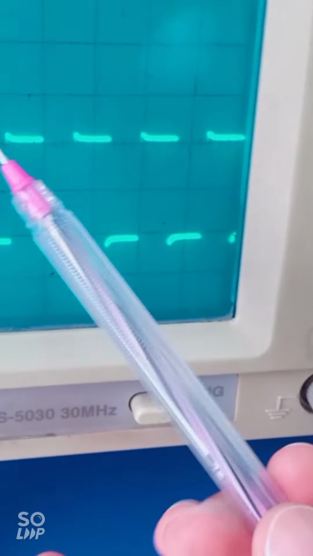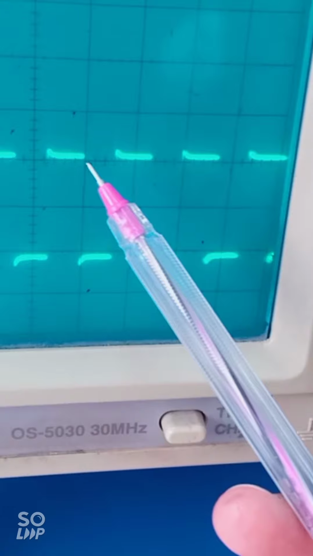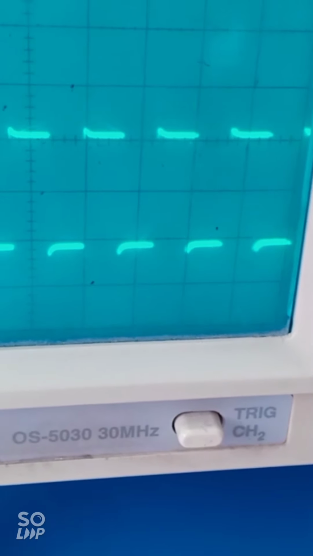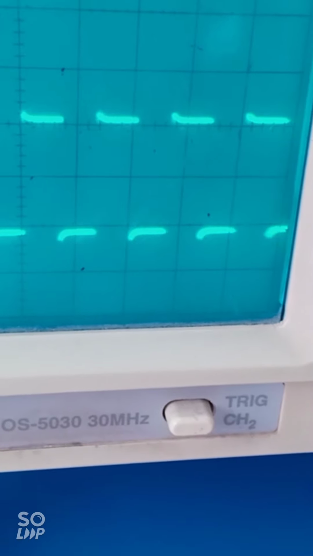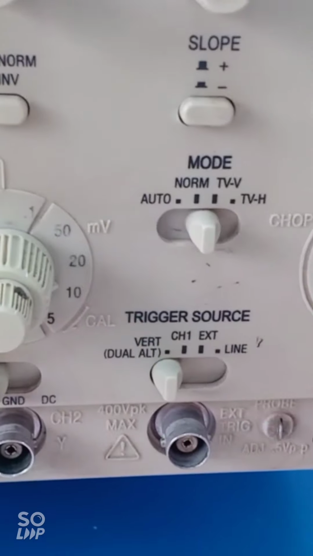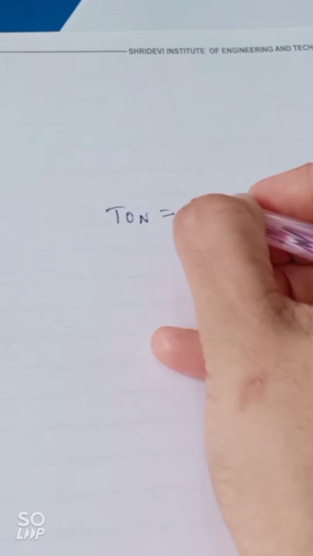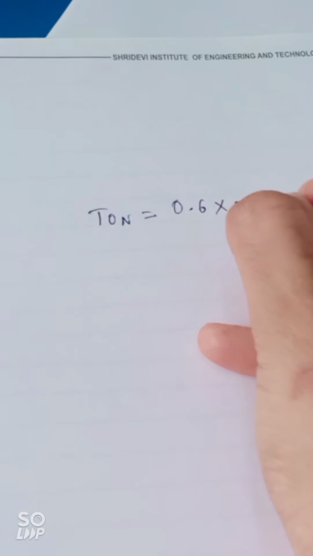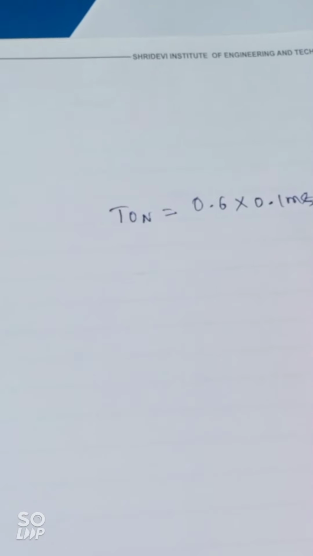So T on is 0.6 into the time division of 0.1 milliseconds, so we are getting 0.6 milliseconds here.